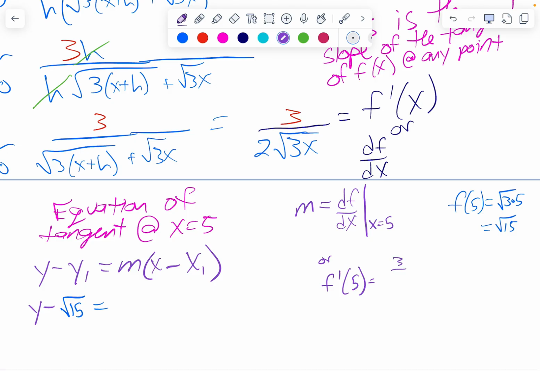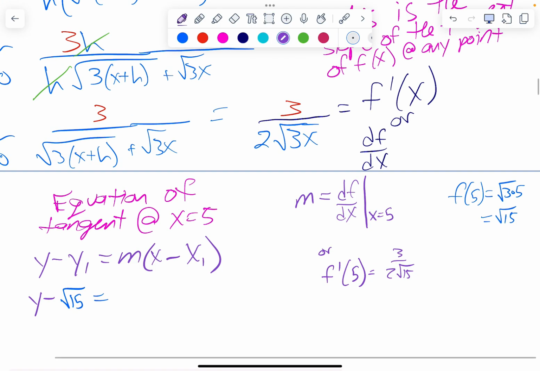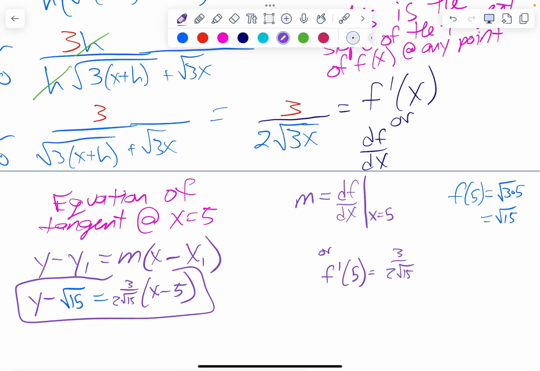So this is 3 over 2 root 15, since we already plugged 5 into the radical. Okay, and then x1 is just 5. So there's our equation. It's kind of ugly, but that's our equation of this line. So that's kind of a recap of what we did last week after our test.